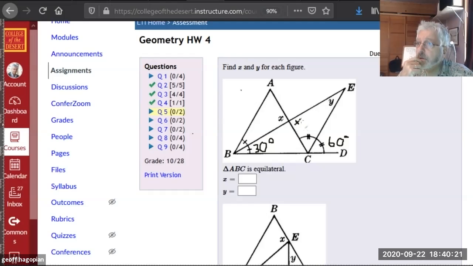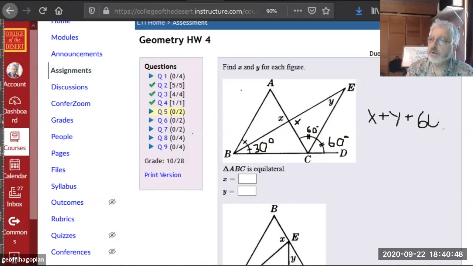And we know that this is 60. So X plus Y plus 60 is 180. Shall we write that down? X plus Y plus 60 is 180.